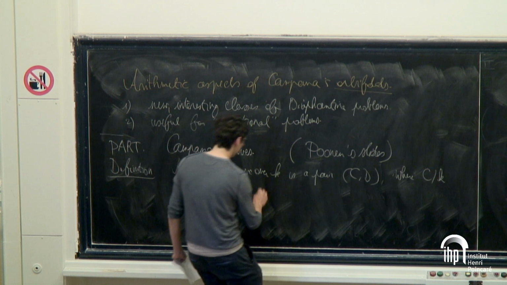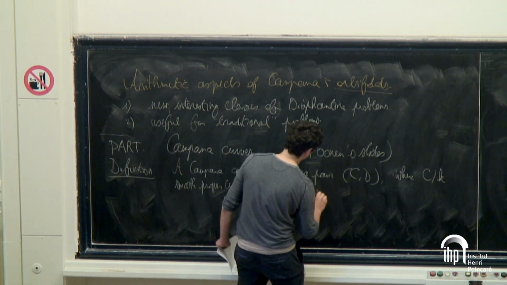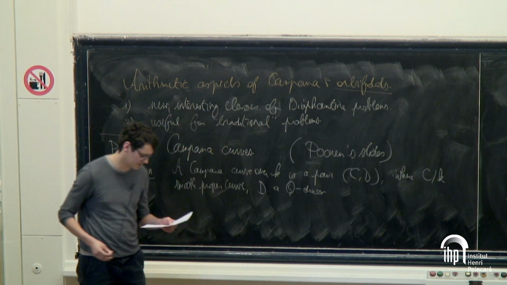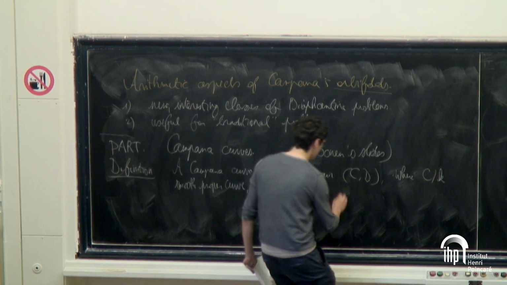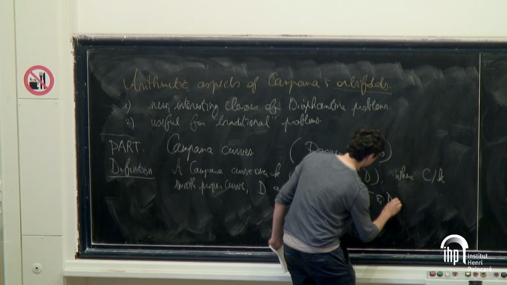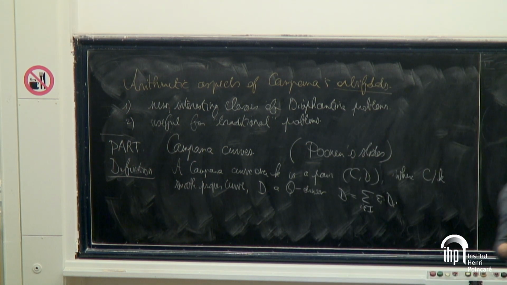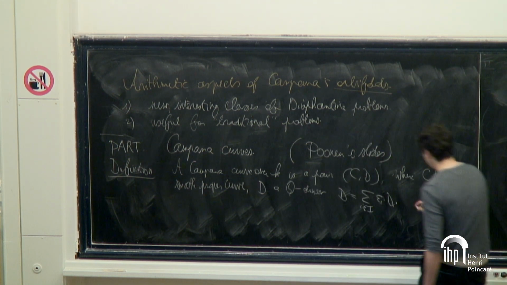And D will be a Q divisor on C, but not just any type of Q divisor. D will be of a specific shape. D will be of the form sum of epsilon i d_i, so a finite sum of prime divisors d_i.